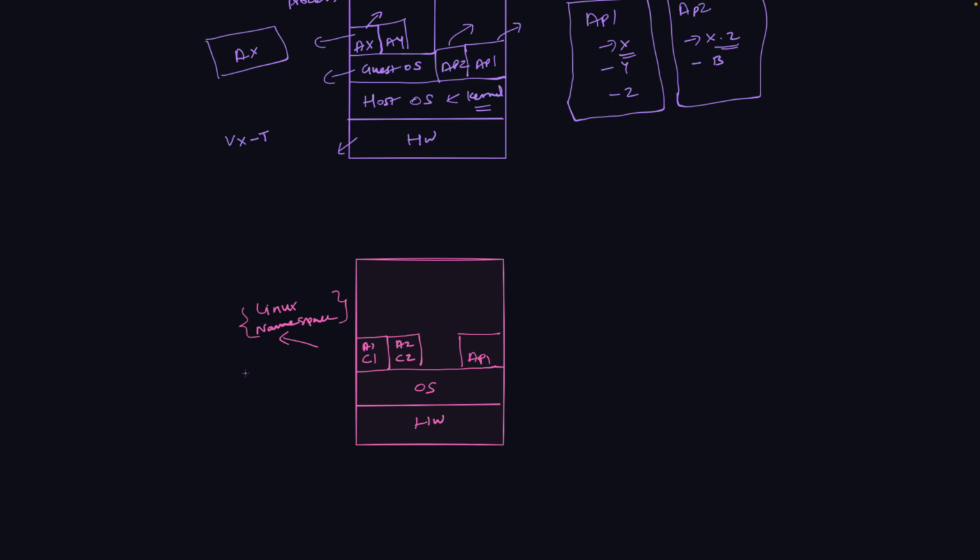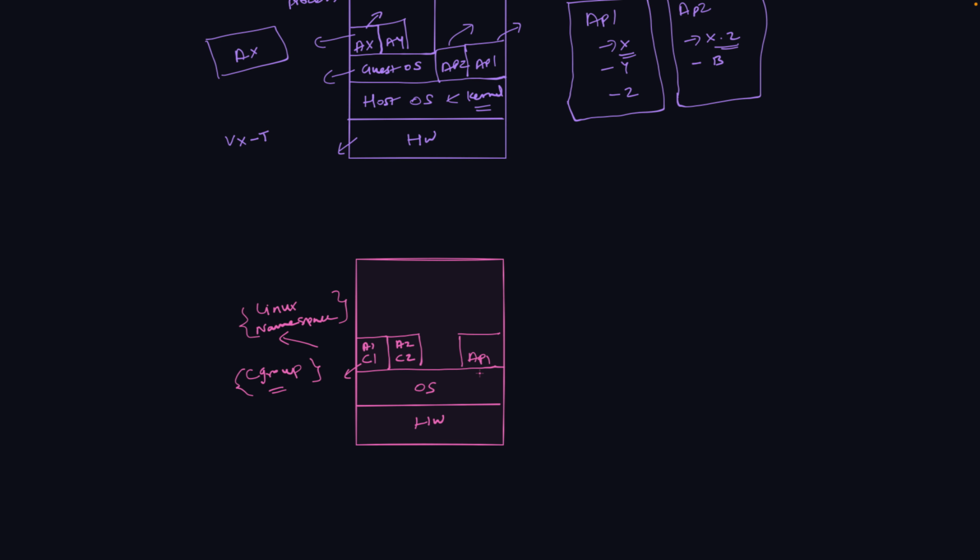And in addition to this, we also use another Linux concept called C groups or control groups. So this will actually help us to define how much hardware each of these containers can use, because just imagine that we don't have anything like C group, and this container takes all of the memory available and it takes all of the CPU available. Then it is not going to be good, right?